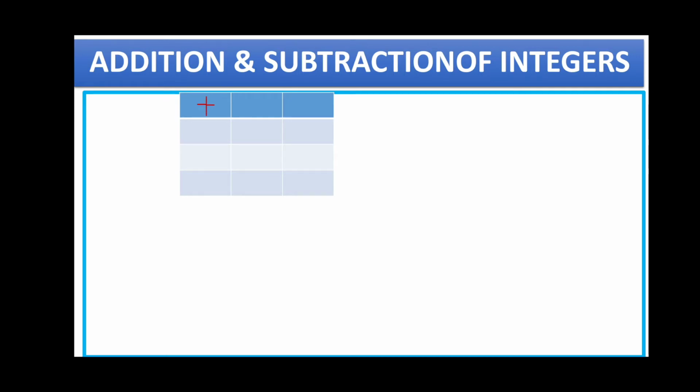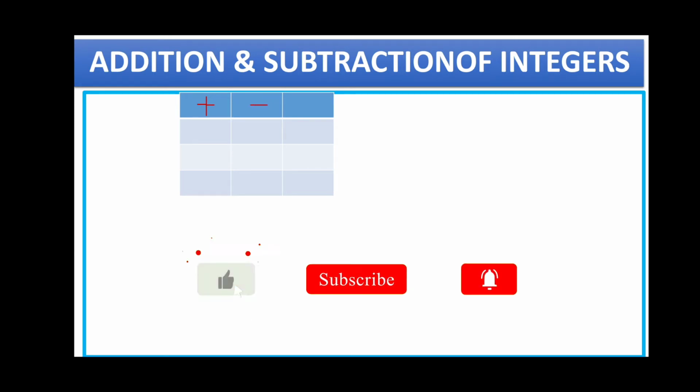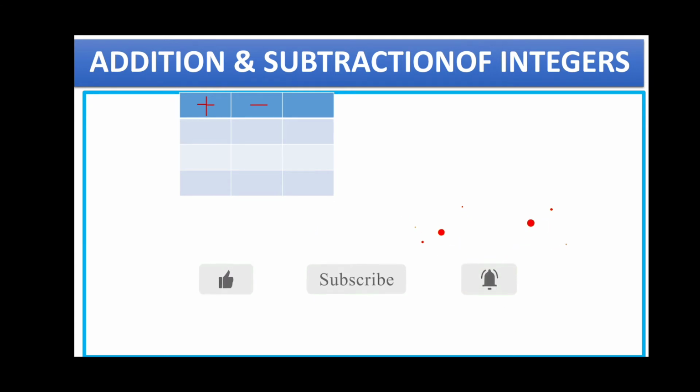If the integers have positive and negative signs, we have to do subtraction. In the same way, if the integers have one negative and one positive, we have to do subtraction, that is minus.